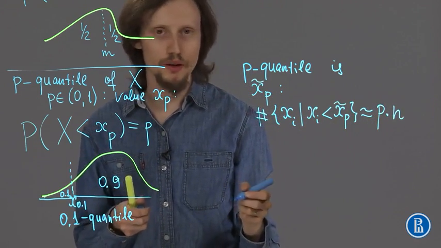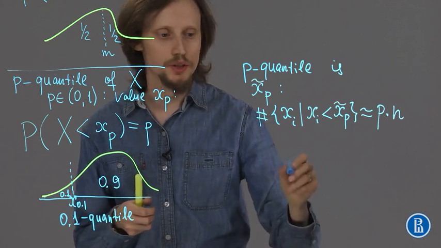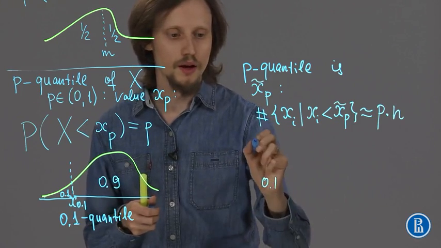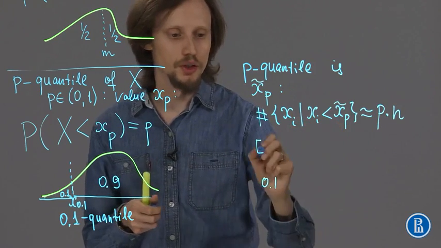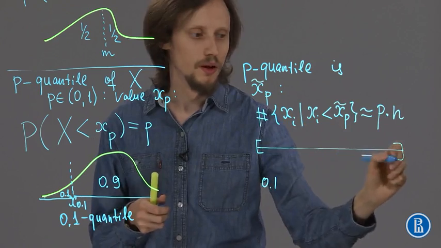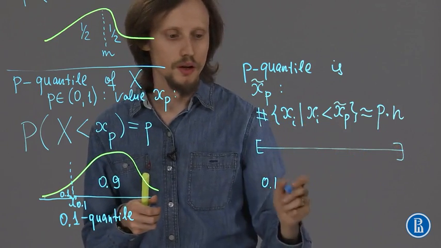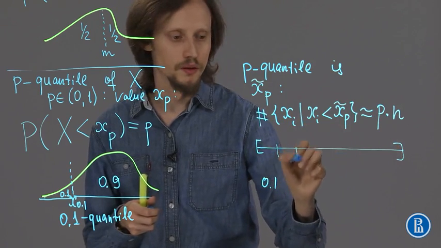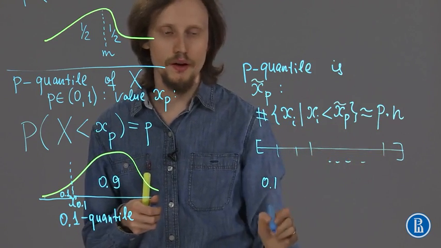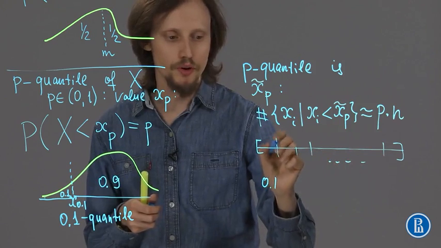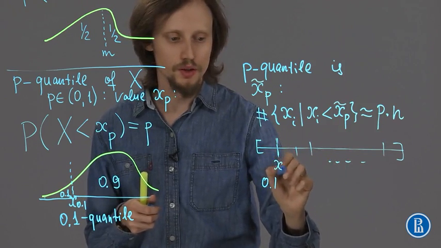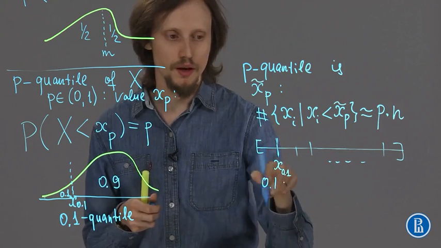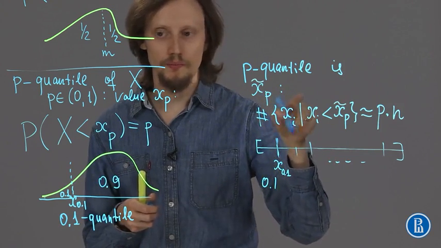So if I'm interested in the 0.1 quantile, I just sort my sample, then divide it into 10 equal parts, and the border of the first part is x0.1. So this is the 0.1 quantile.